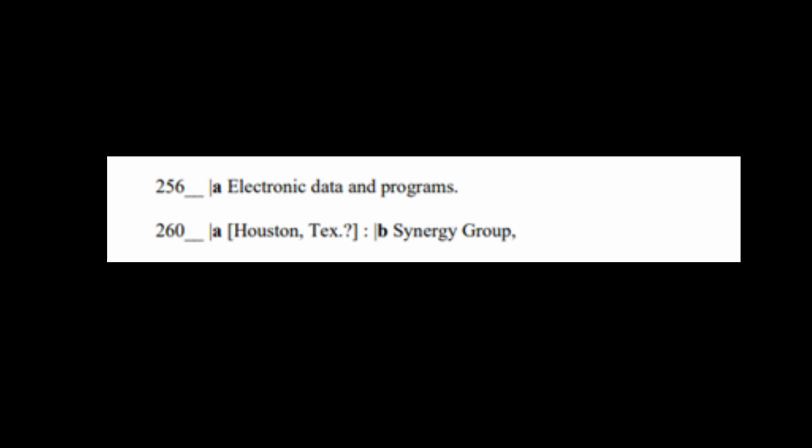But in AACR, it's still 260. It is only in RDA that tag 260, the publication information, has been changed into tag 264. So from tag 260, in RDA, it's already tag 264.